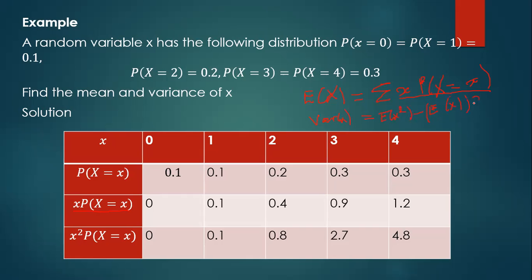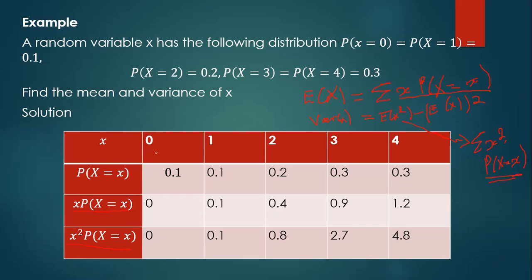But the expectation of x squared, we said we have to sum up x squared multiplied by the probability values. So now what would that mean? That we need to create a row for x squared times probability of x equaling small x.